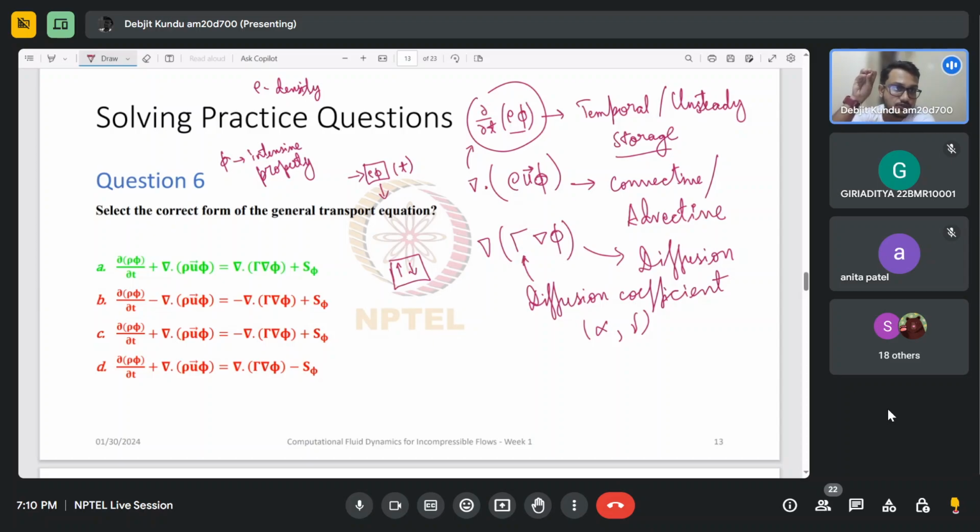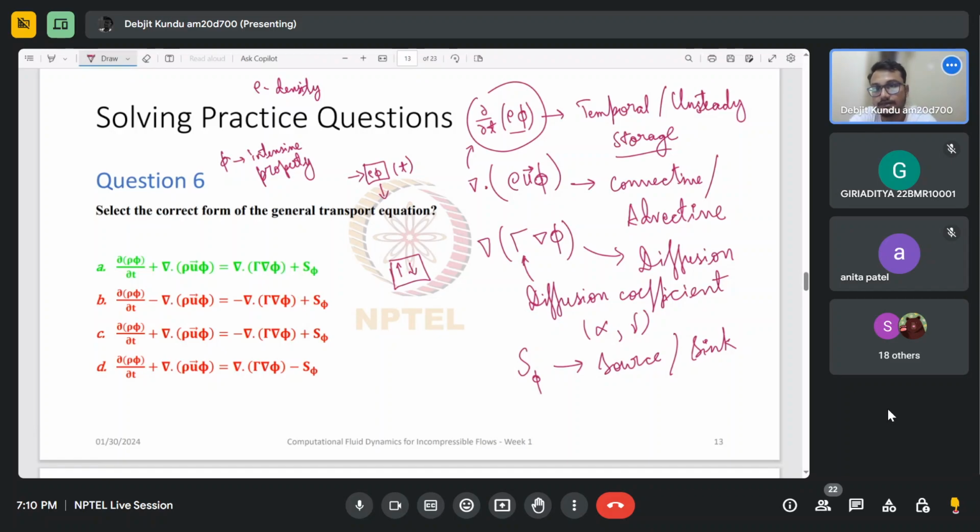So there is a heat source in that case, right? Similarly, there can be sinks as well, and those kinds of phenomena are captured by this source term, which is either a source or a sink. Now, what would be a source or a sink? That depends on the physics of the problem and would vary from case to case.